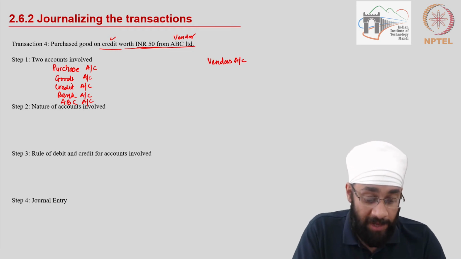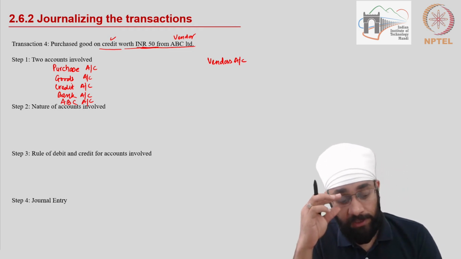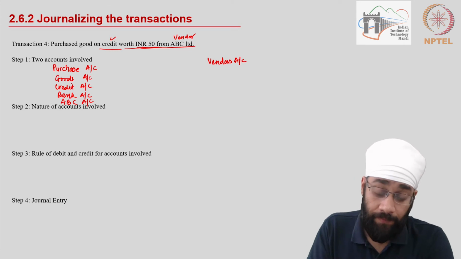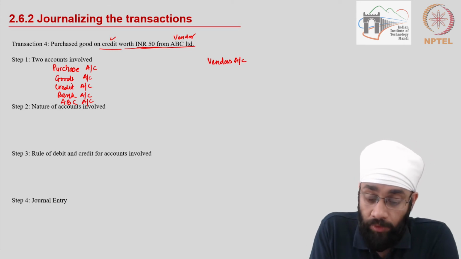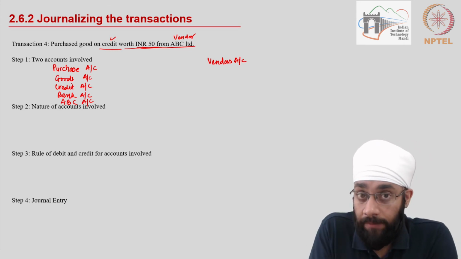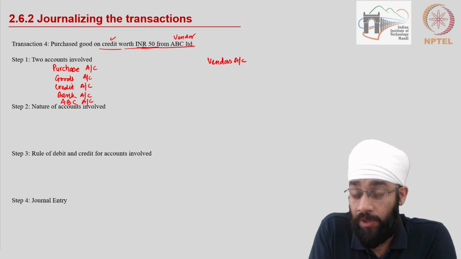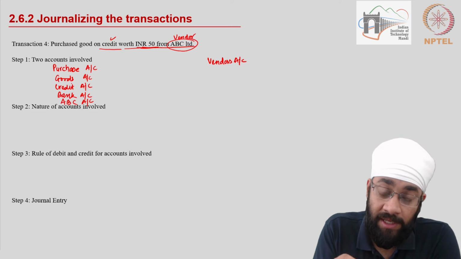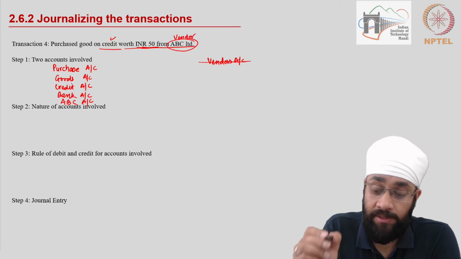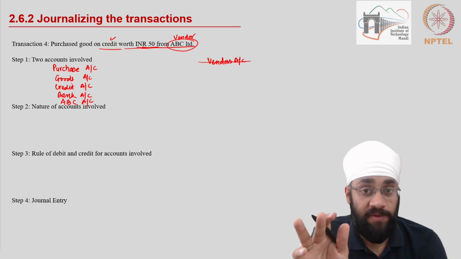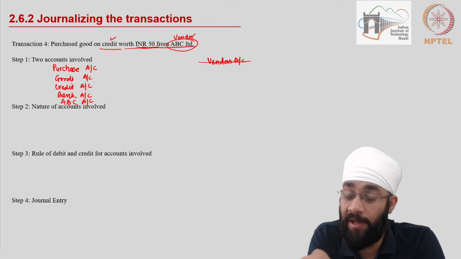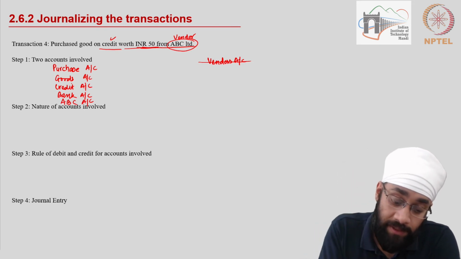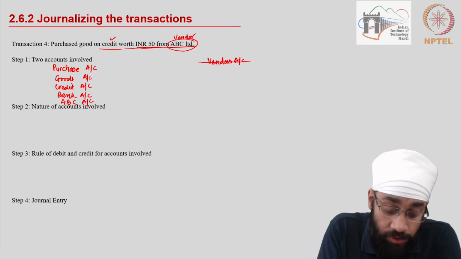Okay, and now I'm going to eliminate some of these to arrive at the final two. Vendor's account. Vendor is a generic name. When we have a specific name, we don't need the generic name. The specific name of the vendor is ABC Limited. So I'm going to strike this off. You don't need to maintain a vendor's account. You maintain ABC Limited account if you have to. Okay. Let me then pick goods.